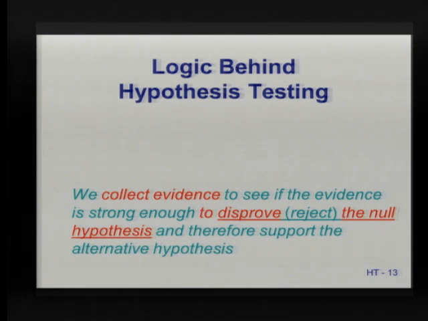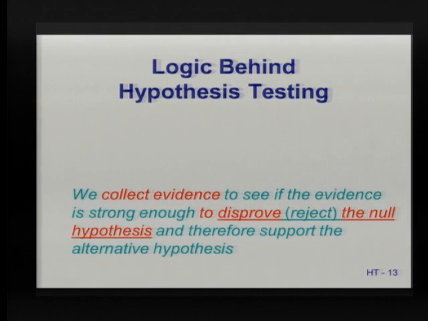Now, the logic behind hypothesis testing is this: you collect the evidence, and you want to see whether the evidence is strong enough to disprove your null hypothesis. So you first assume the null hypothesis is true, and you want to see whether your evidence is strong enough for you to reject this null hypothesis or not.